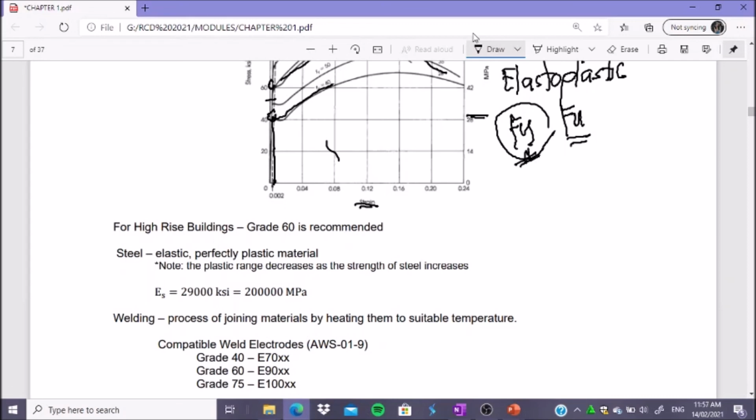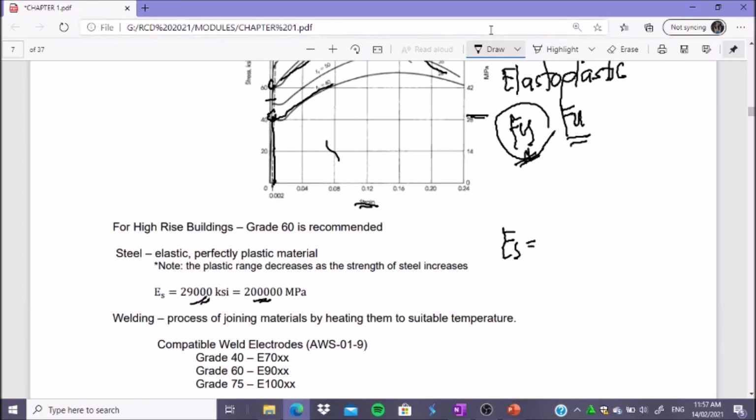By the way, the modulus of elasticity of steel in English is around 29,000 KSI, and 200,000 in SI.